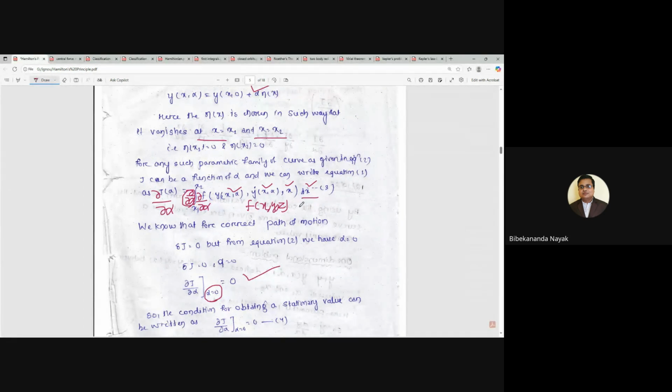Suppose that is the case, then what is del f by del t? We get del f by del x into del x by del t plus del f by del y into del y by del t.